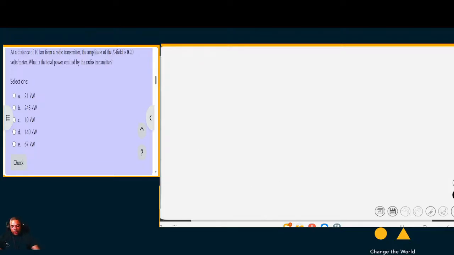So we have now calculated the intensity. Let's calculate the total power. So it's intensity multiplied by the area. In this case, it is 4 pi r squared.